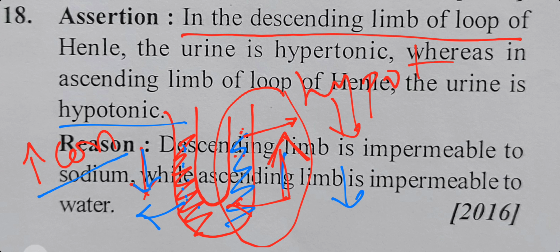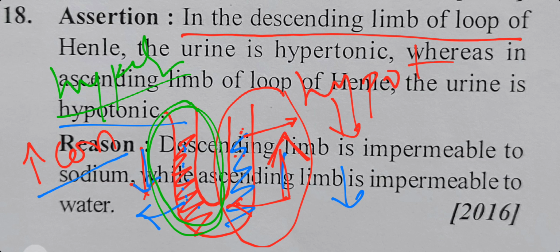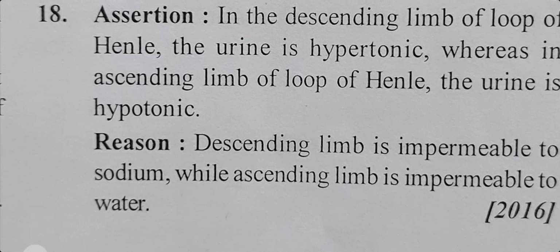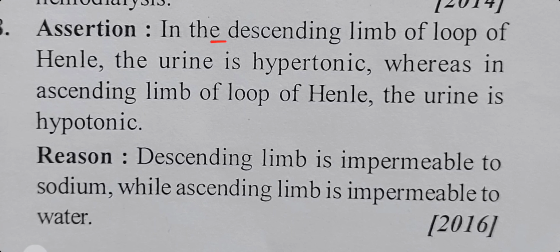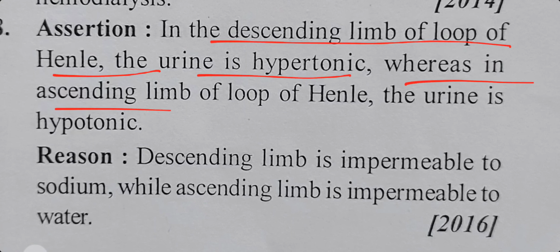So the descending limb will be hypertonic, and the ascending limb will be hypotonic. So the given assertion is true: in the descending limb of loop of Henle the urine is hypertonic, whereas in the ascending limb the urine is hypotonic.